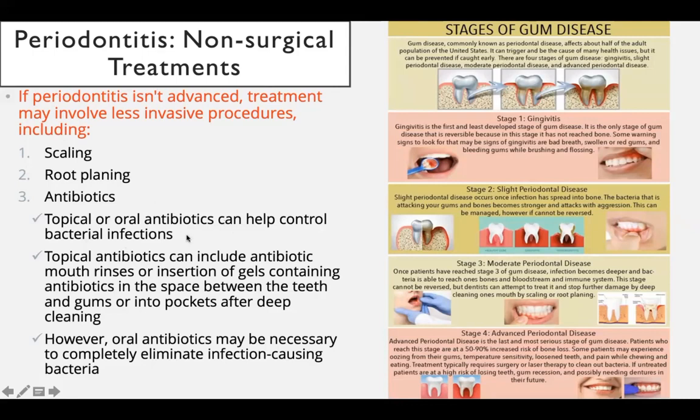So pay attention. Stages of gum disease: on the right side, we have stage 1, gingivitis, stage 2, slight periodontal disease. So how do we differentiate gingivitis from periodontitis? Gingivitis is just up to the margin of the gums. The pockets are not deepened.